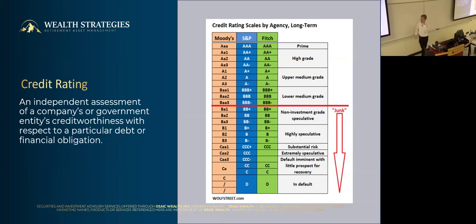But basically they were talking about these synthetic products that were bundling tons of really bad, low credit rating mortgages together.